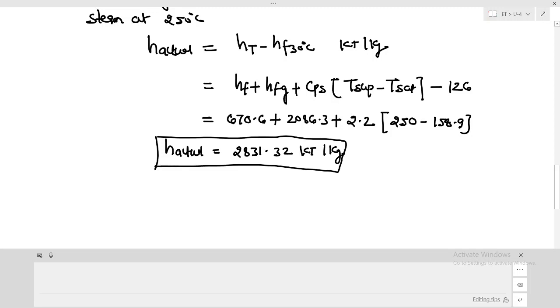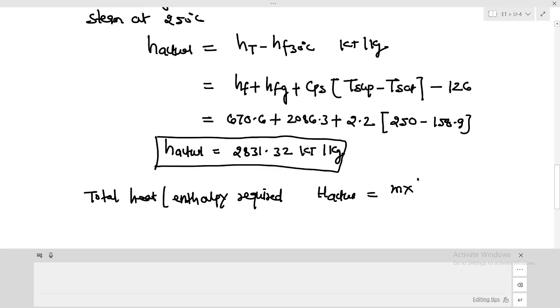Okay. But we have been given the mass of the steam as 4.4 kg. So the total heat or enthalpy required, H actual, will be mass into specific heat required, 4.4 into 2831.32.